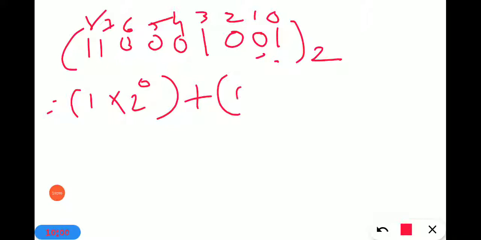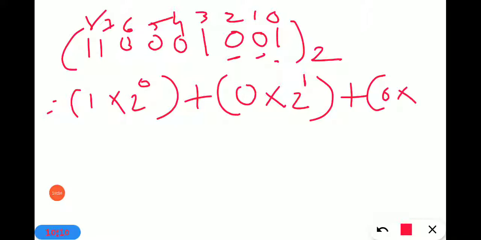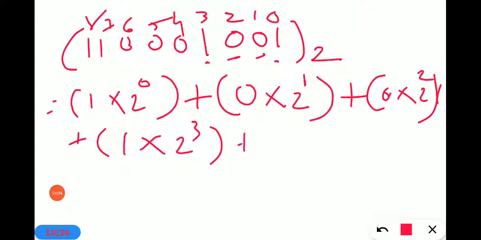Second number 0 into 2 raised to position, what is it? 1, plus. Next number is again 0. So 0 into 2 raised to position 2. Then again plus. Then again bracket. Next number is 1. So 1 into 2 raised to 3 plus 0 into 2 raised to 4.